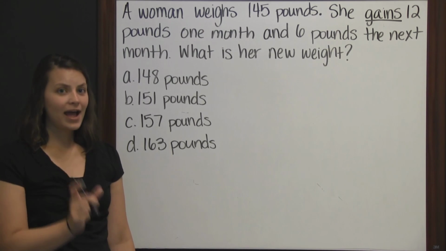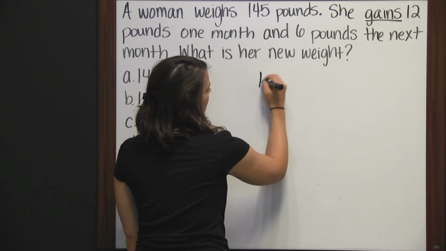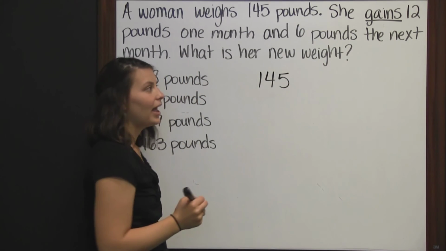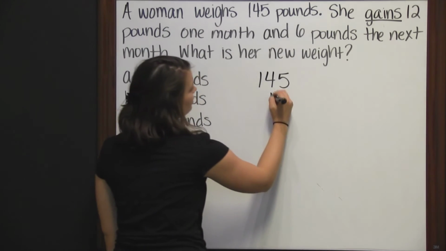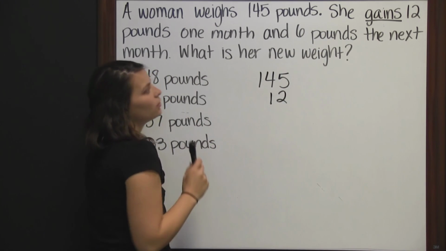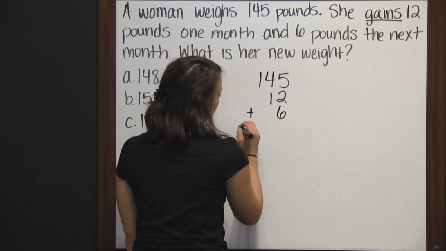And that word adding tells us exactly what to do. We need to take her original weight, 145 pounds, and add on what she gained, which was 12 pounds one month and 6 pounds the next month.